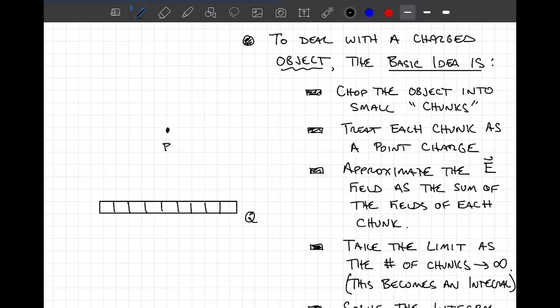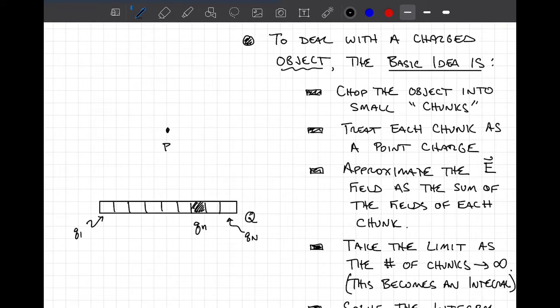I can call this Q1 here, and this Qn here, so I have capital N pieces, and maybe this particular one I could call Q sub little n, just one of the pieces in the middle, and we can assume that those are small enough that they can be treated as point charges.